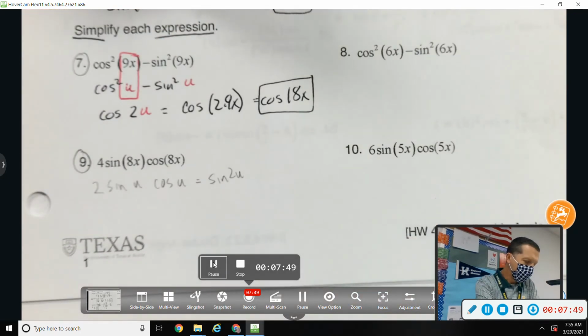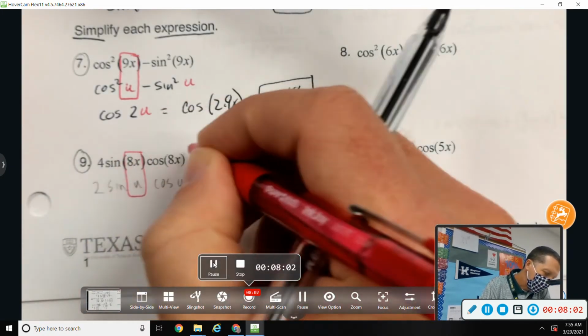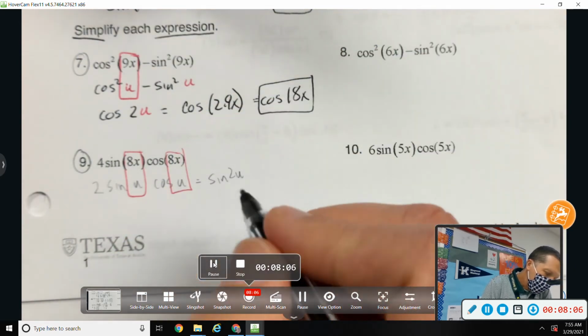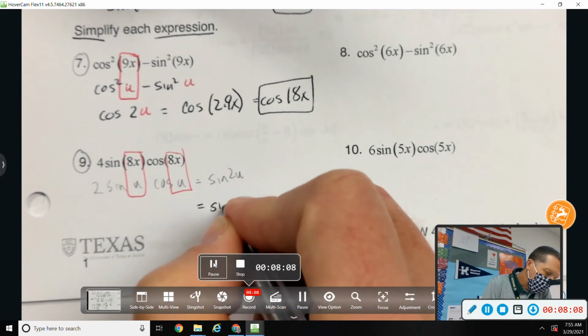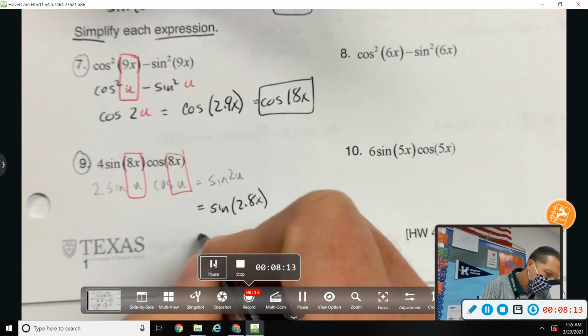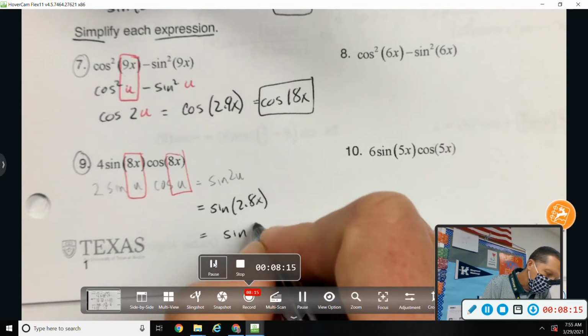So it definitely looks like sine u cosine u, or 2 sine u cosine u, where u is equal to 8x. So that would be sine of 2 times 8x, which is sine of 16x.